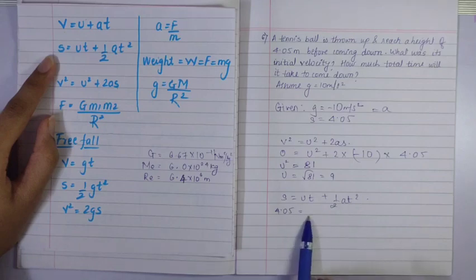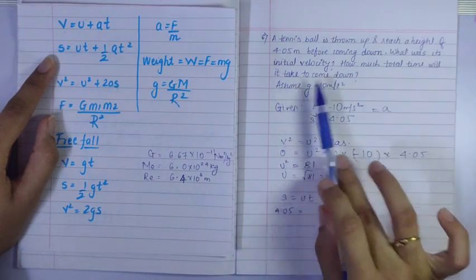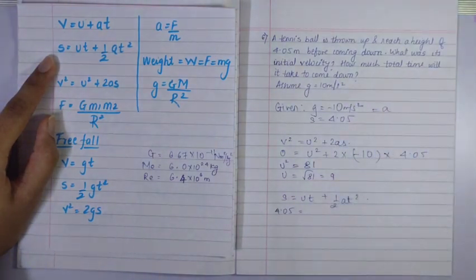Now here the initial velocity will be different, because now we want the total time it will take to come down. While coming down, again you go back to the first method where your g becomes 10 and not minus 10. Your initial velocity becomes 0 and your final velocity becomes some number.